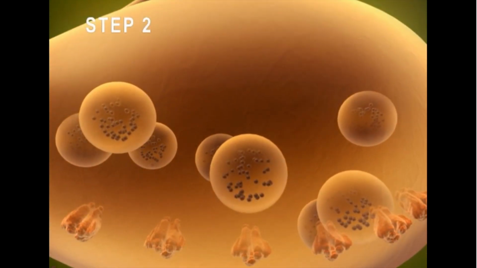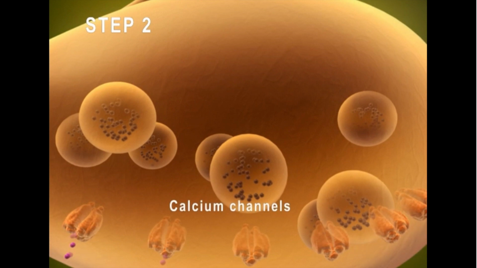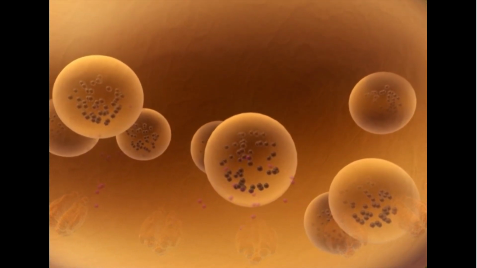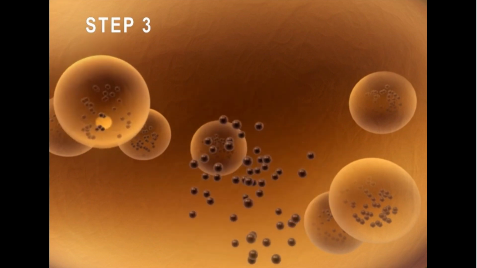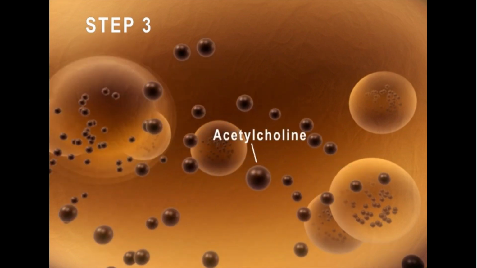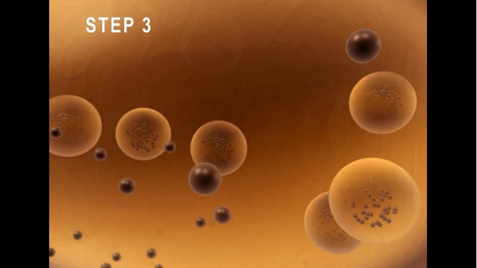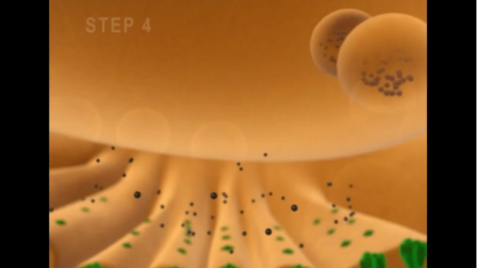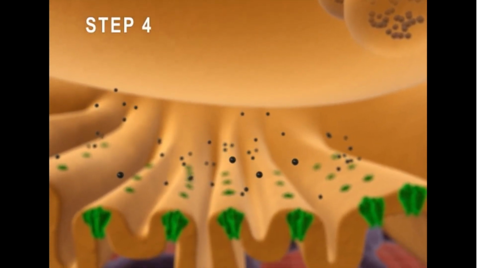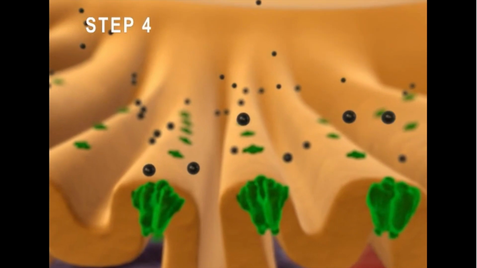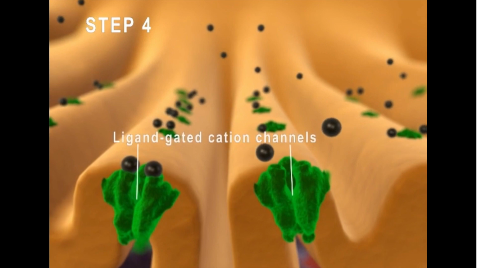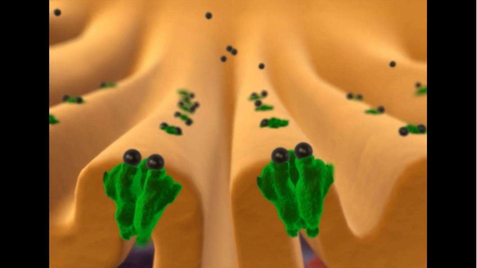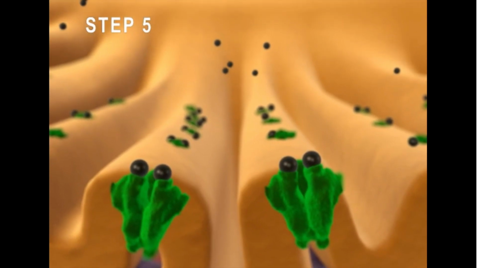The acetylcholine diffuses across the synaptic cleft and attaches to the acetylcholine receptors on the receiving postsynaptic muscle fiber. The acetylcholine binding opens ligand-gated cation channels, here in green, letting the sodium ions rush in, while the potassium rushes out of the muscle fiber, as shown here.